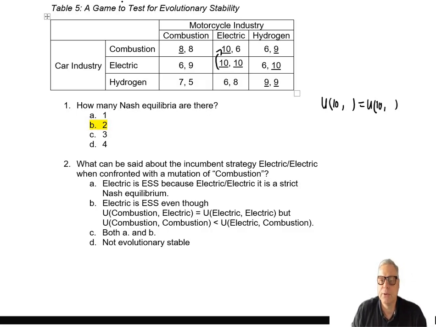Here the other one gets 6, and here the other one got 10. Okay, so this is the first condition. That may qualify for an evolutionary stable strategy, but now it depends on what happens next.